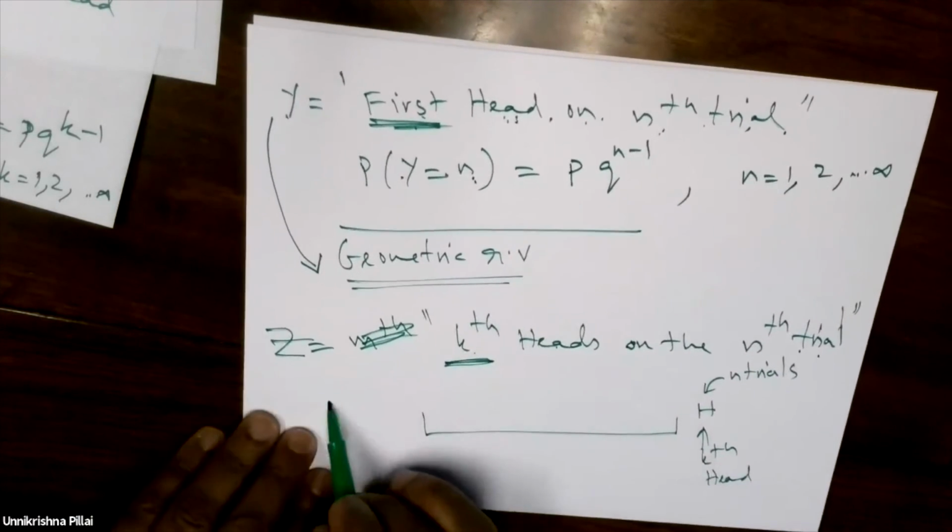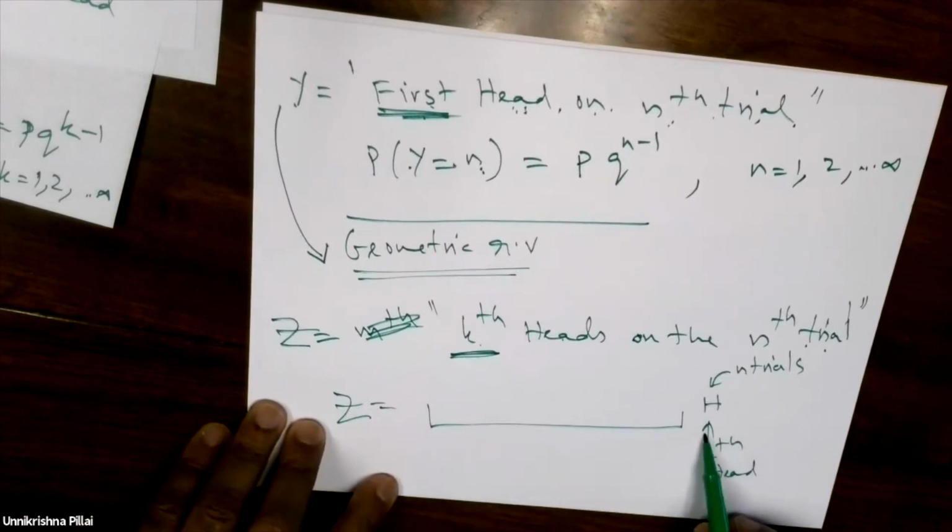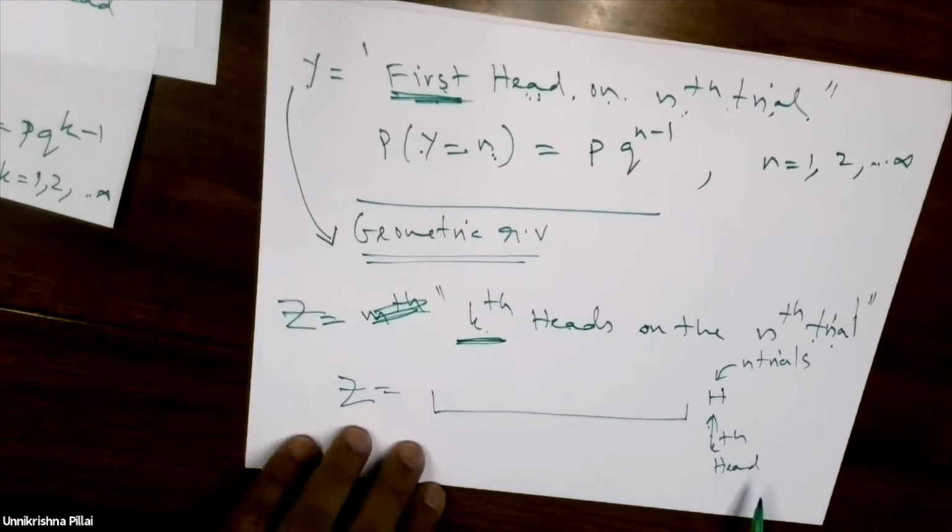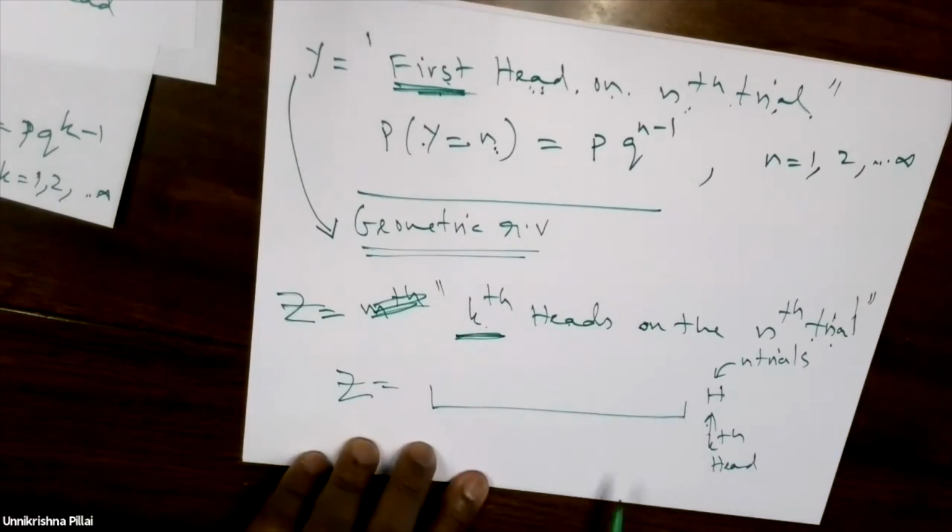When you see the Kth head, you stop. What happens before that? Anybody? If this is the Kth head in n trials, what must be happening before that? K minus 1 heads in n minus 1 trials.